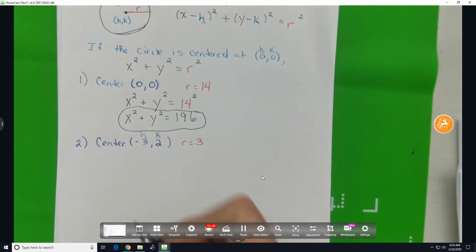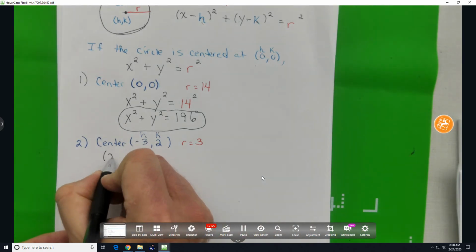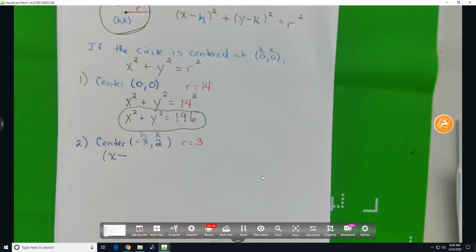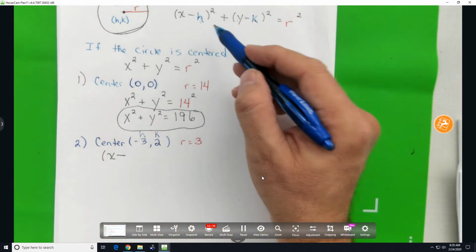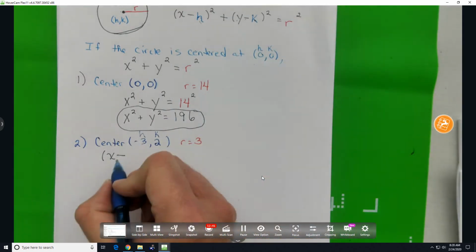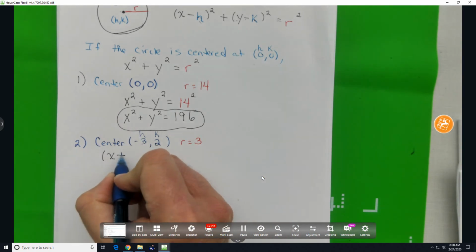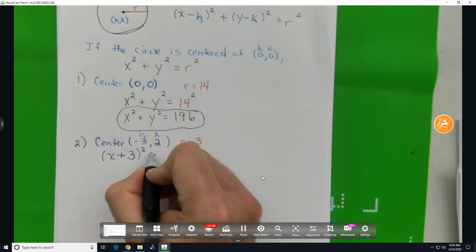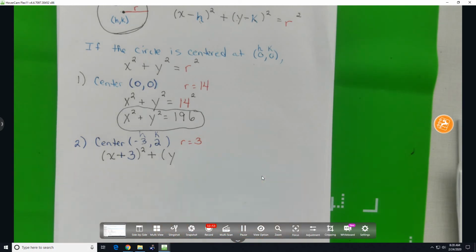So write in the equation, be careful with these negatives. Black X, black minus. So we have X minus a -3. That -3 is going to make this black minus into a plus. Do y'all see why I'm writing +3 there? So it's X minus a -3, so X plus 3 squared, plus Y minus 2.